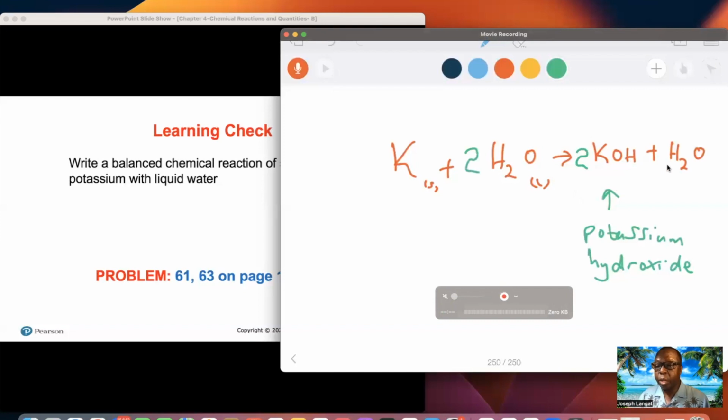So I read this as 2 hydrogens plus 2 is 4, so hydrogens.